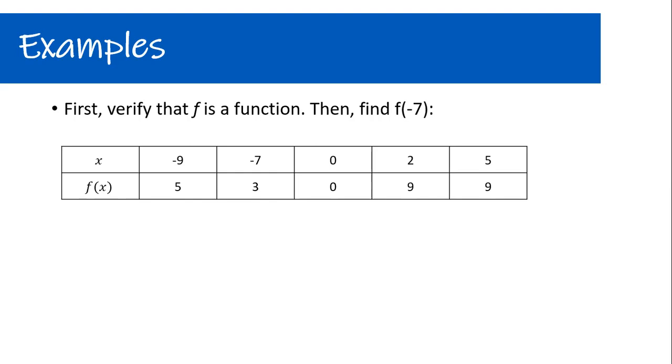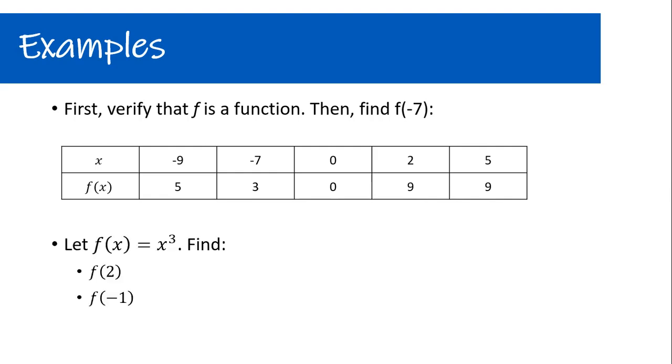No single x is going to multiple y, so it is a function. Now, if we want to find f of -7, that means that we need to know what is that function value when x is -7. Well, look at the table. Where is x equal to -7? It's in that second column. When x is -7, y is 3. So f of -7 has to equal 3.